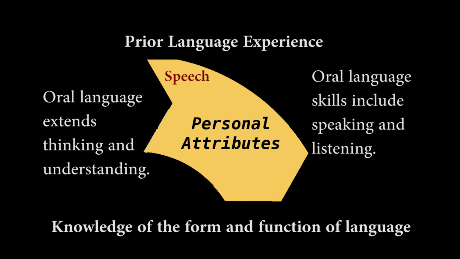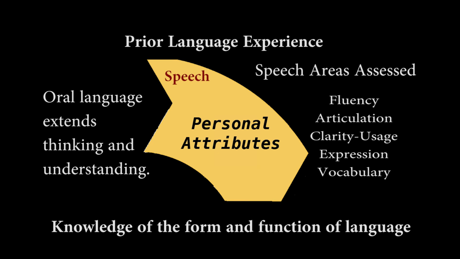Oral language skills include both speaking and listening. Diagnosis of oral language skills primarily focuses on fluency, articulation, clarity, pragmatics, expression, and the depth and breadth of the student's oral vocabulary.